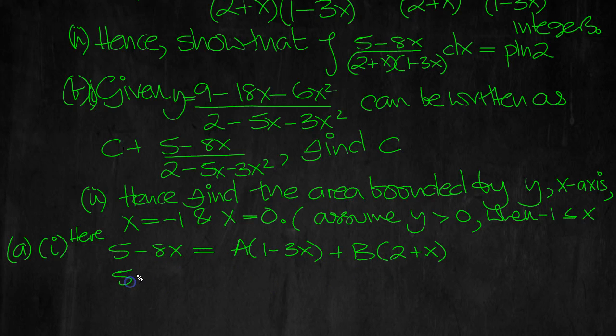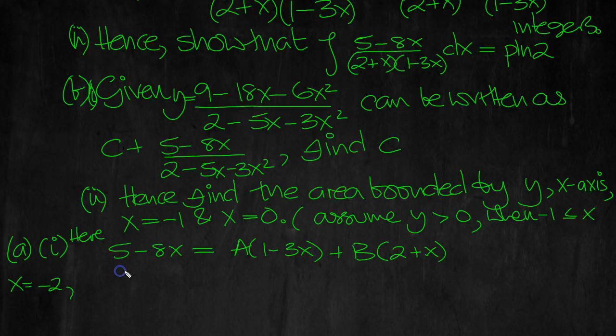Okay, so we get 5 minus 8x. Oh, let's just put in values, that'd be best. That'd be the easiest thing to do. Compare coefficients then, or put in values. If we put in x as minus 2, we can get the a, can't we? So put in minus 2.